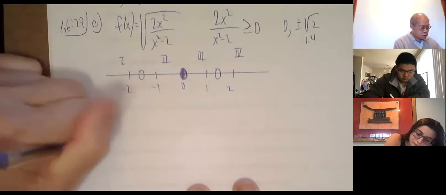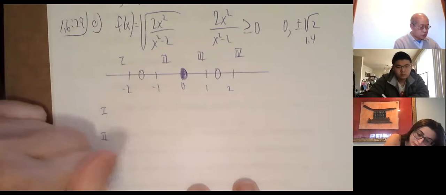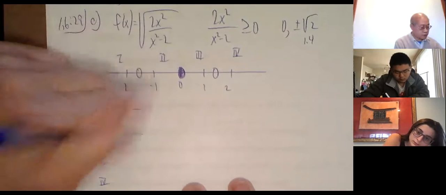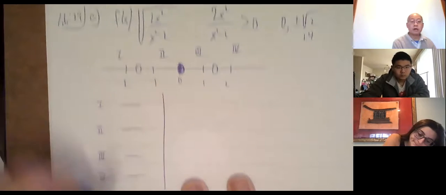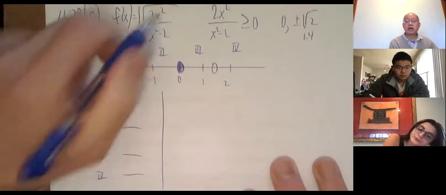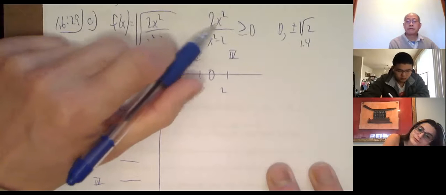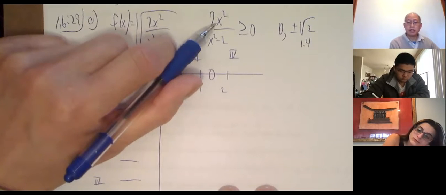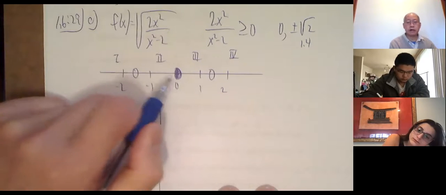Okay, regions 1, 2, 3, 4. My expression has a fraction. Let's make things easier on ourselves. What do you notice about the top? 2x squared is always going to be positive, as long as I don't plug in 0, and I already did 0.